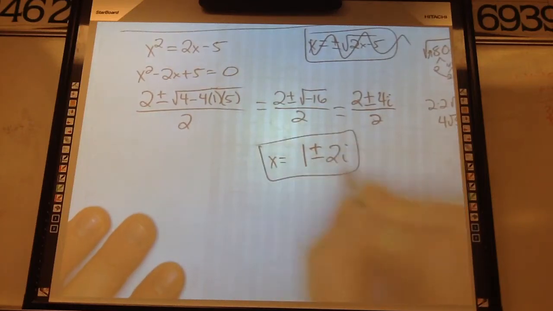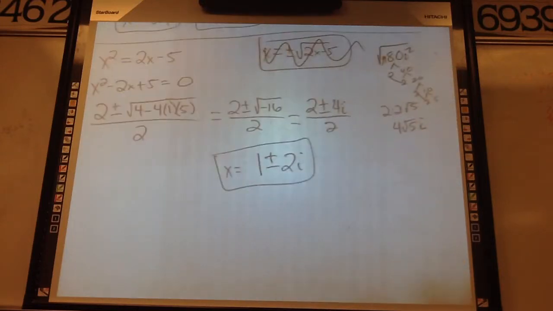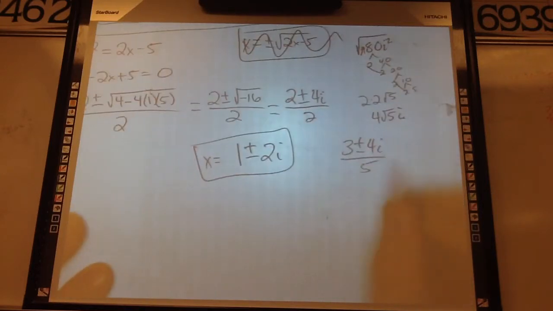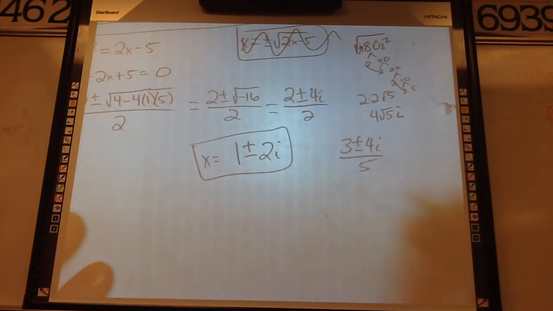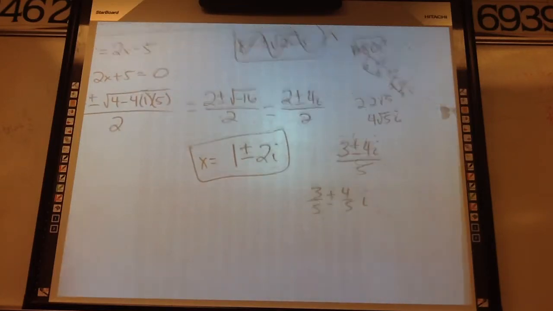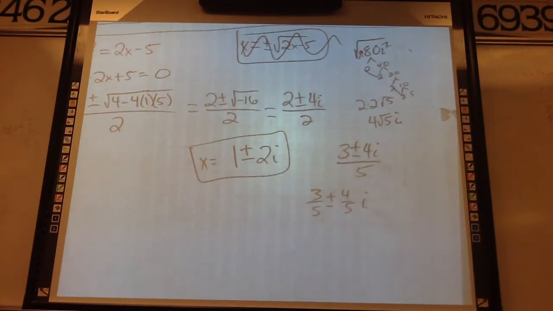Are your 2 answers. There's 2 answers there, right? Oh yeah, we're good there. So if your final answer was like 3 plus or minus 4i over 5, you wouldn't leave it like that, even though it doesn't divide nicely. You would really just write 3/5 plus or minus 4/5 i. Always write imaginary answers in that form.